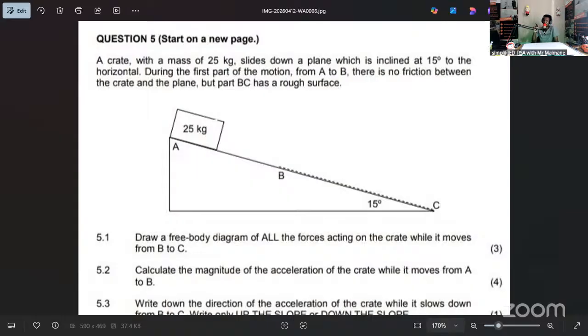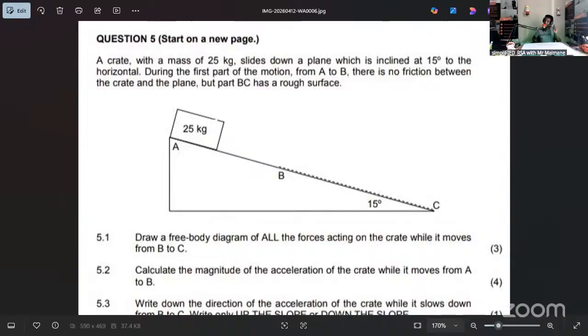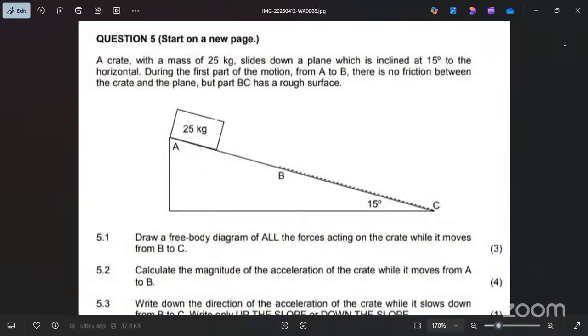Just the number of forces that would be there from B to C. Applied, static. Okay, applied, static. So 4. 4.